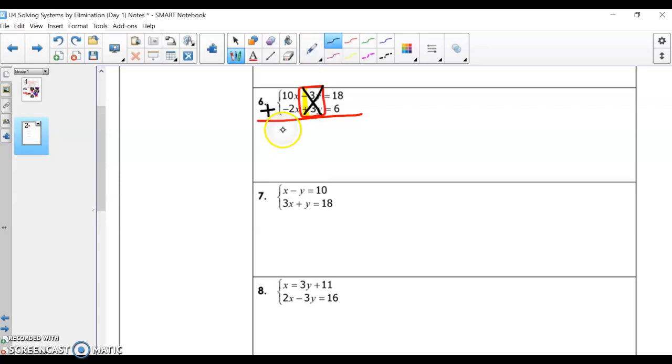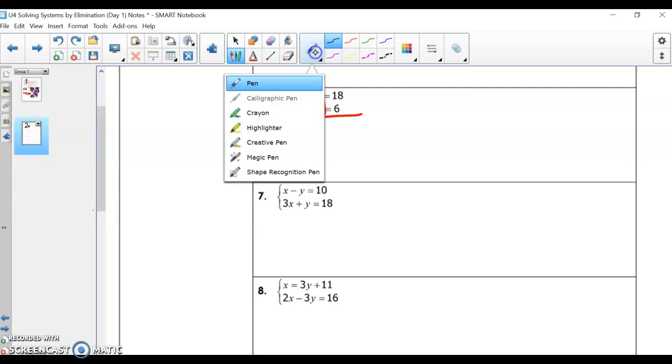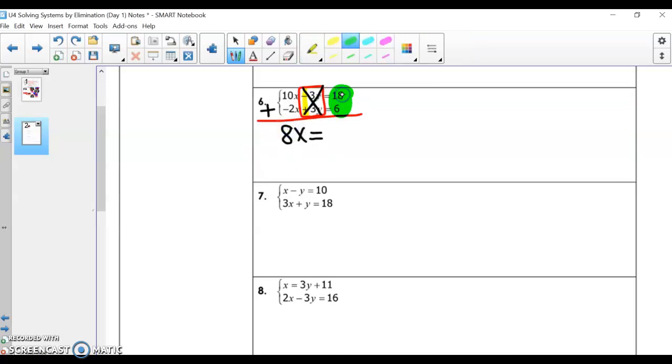I'm going to do 10 and -2, so 10 minus 2. That's going to give me 8. And then don't forget to bring down your X. My Y is eliminated there, so those are just out of there. Over here, I have an 18 and a 6.